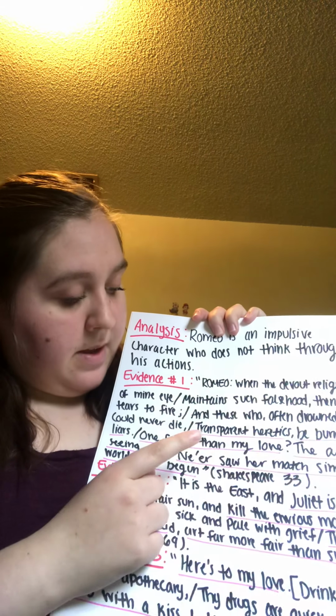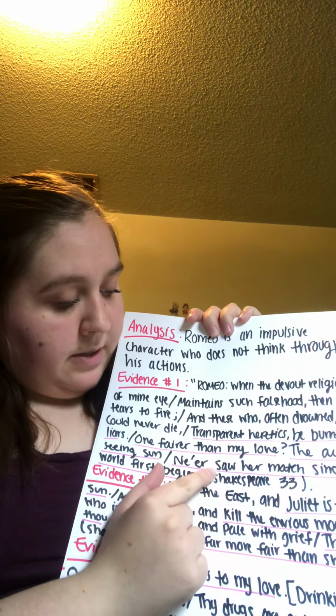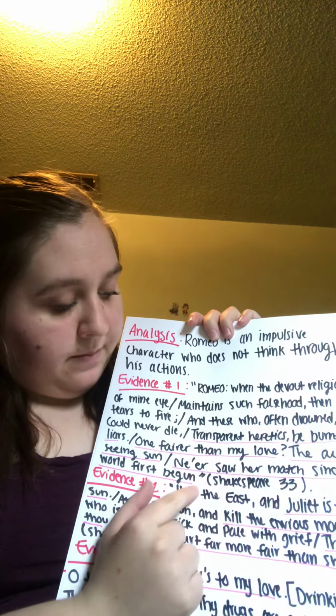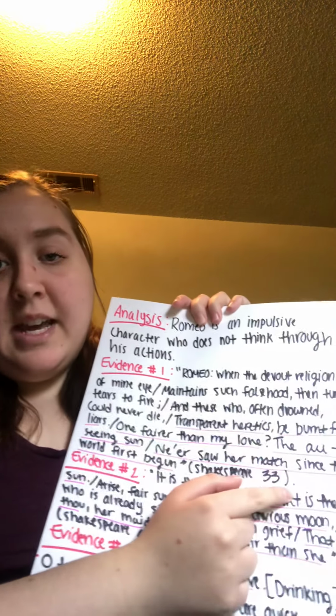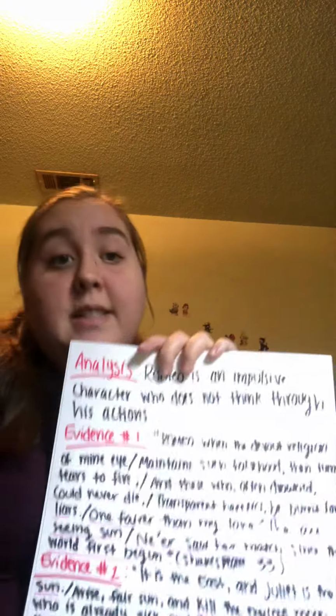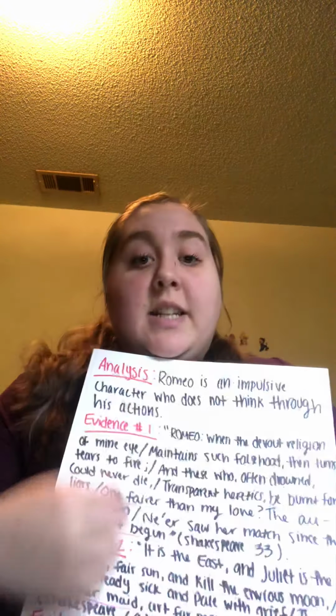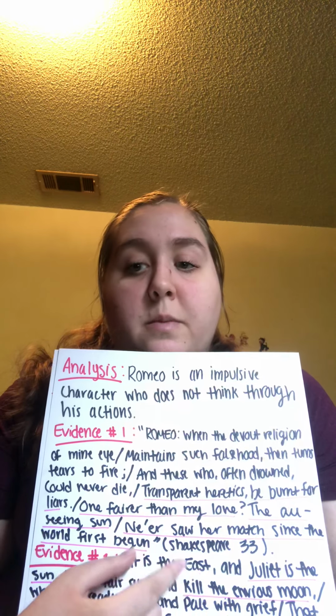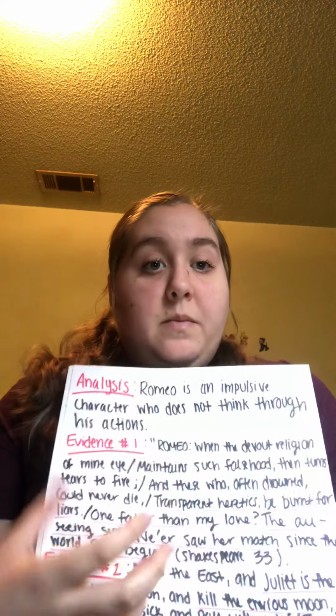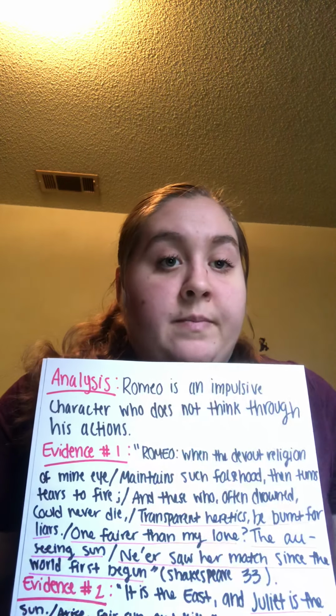So, end quote, no punctuation, parenthesis, author last name, page number, end parenthesis, period. It's that simple. And this is going to really save you guys from any plagiarism or being in that kind of situation.